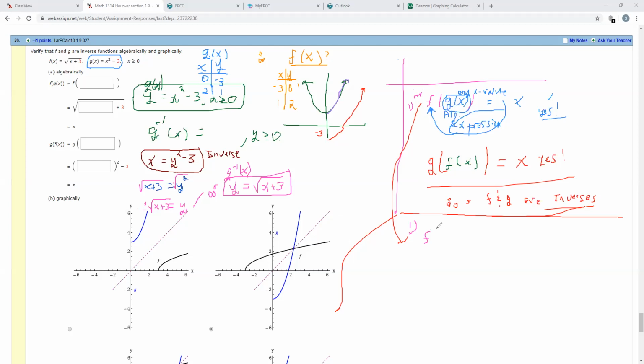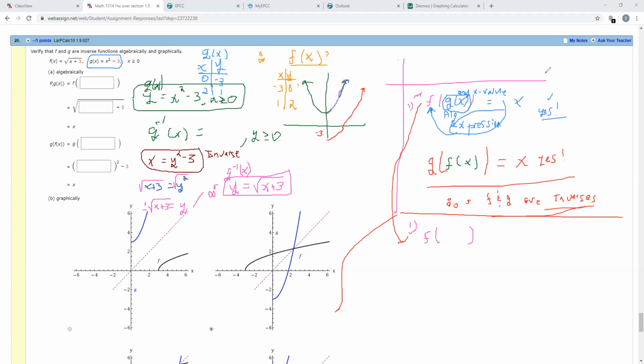Instead of putting a specific number, we could pick a certain number for x and put it into g and get the range value, and put that numerical range value into f. And if we get back to that original x value that we started with, then that's a strong indication that they're inverses of each other.